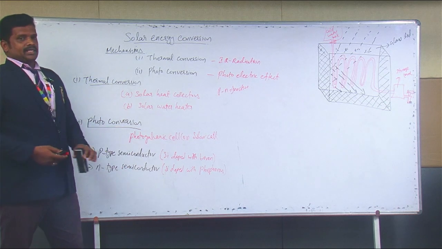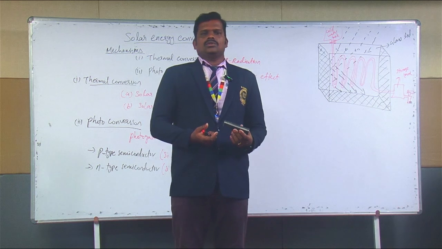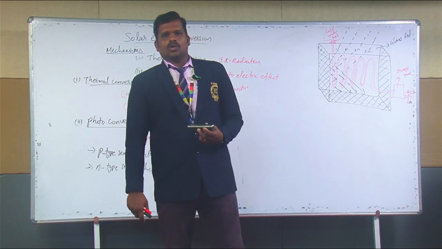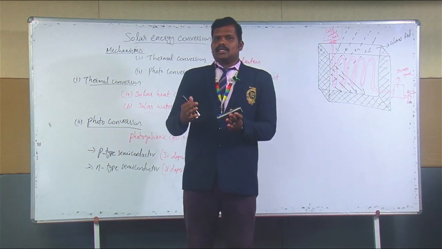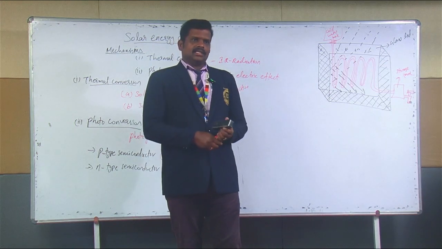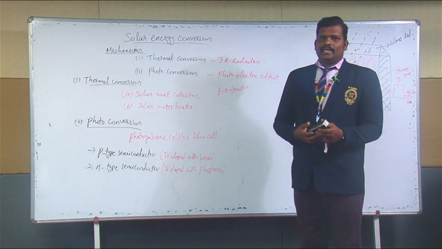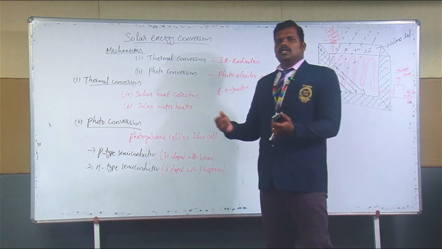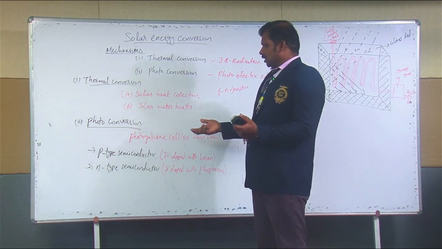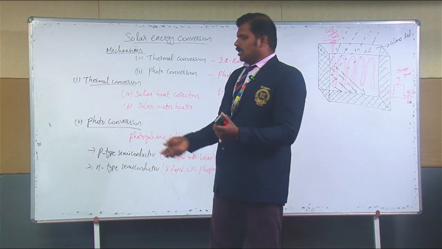And then, applications of solar cells. Generally the solar cells are used to operate solar street lights. Nowadays the electricity street lights are replaced by solar street lights. Solar street lights are used to provide lighting to remote areas, isolated areas, etc. And then a large amount of electrical energy can be produced by using solar panels.